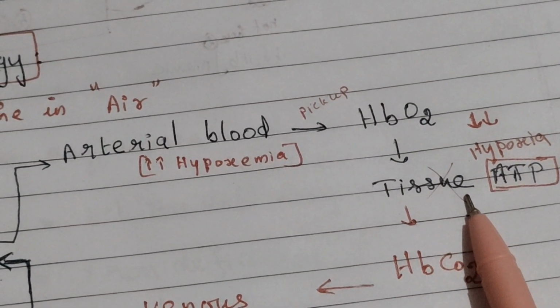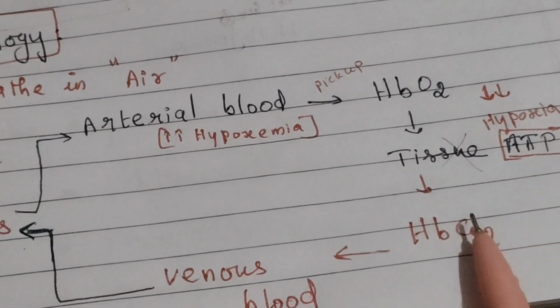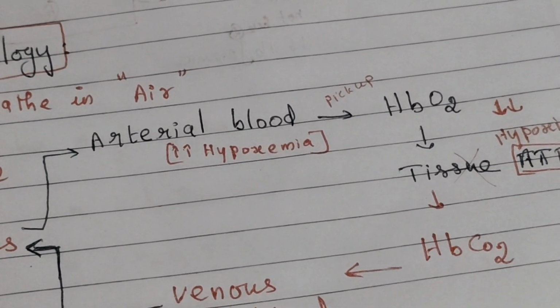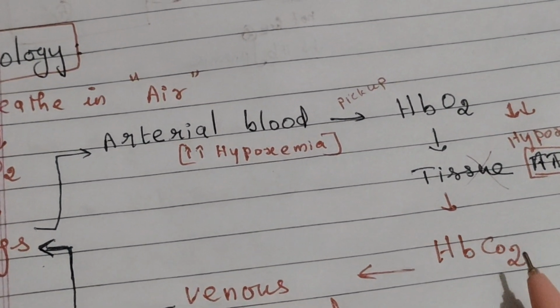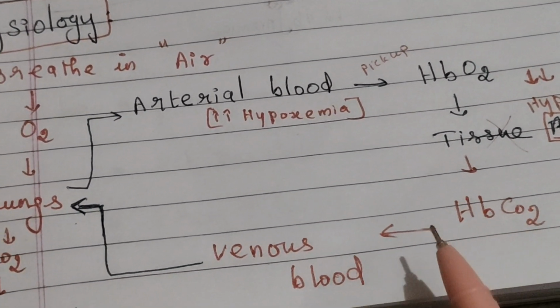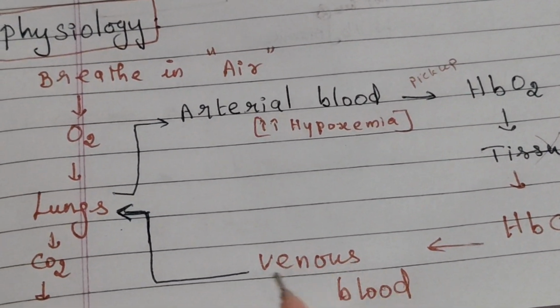Then the tissue will use this oxygen to form ATP, and it will be converted into carbon dioxide. That carbon dioxide will go to the blood going into the lungs.